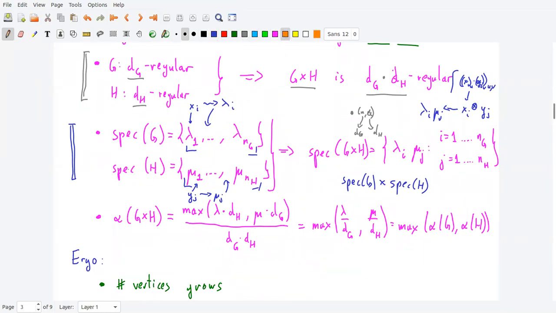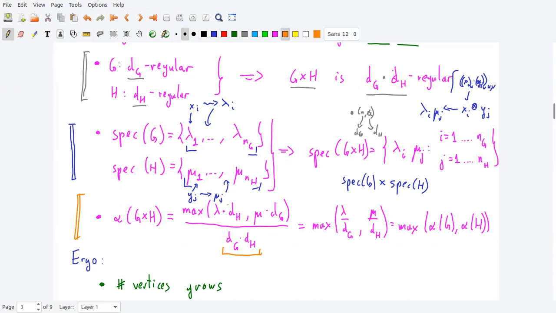And what does it mean for the spectral gap? What is alpha of G times H? Again, this is the maximum non-trivial eigenvalue divided by the maximum eigenvalue, which is the regularity. So the regularity is dG times dH. And what will be the maximum non-trivial eigenvalue?